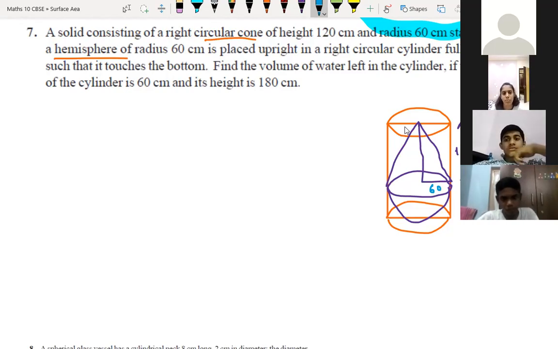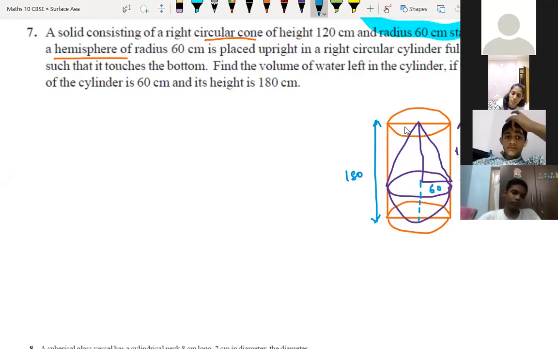The radius of the cylinder is 60 only, and the height is 180. So we have to find what? The volume left in the cylinder.